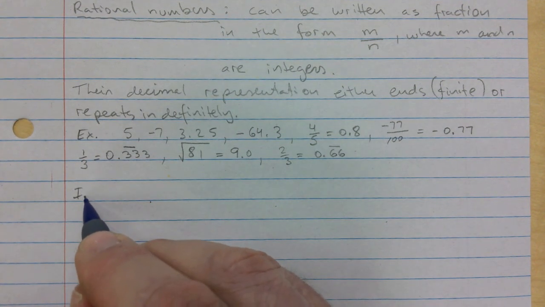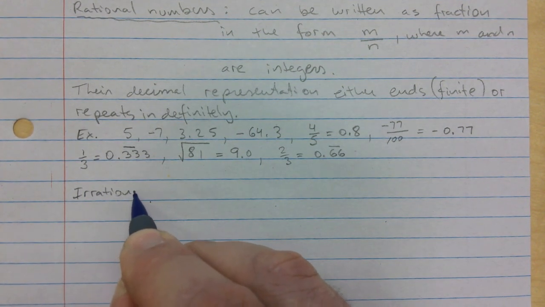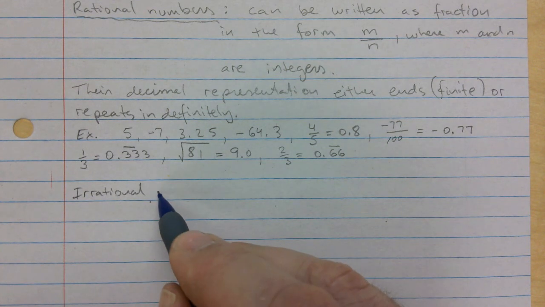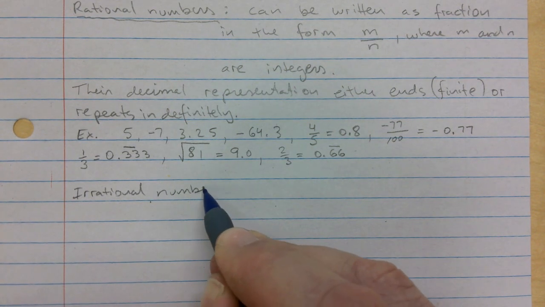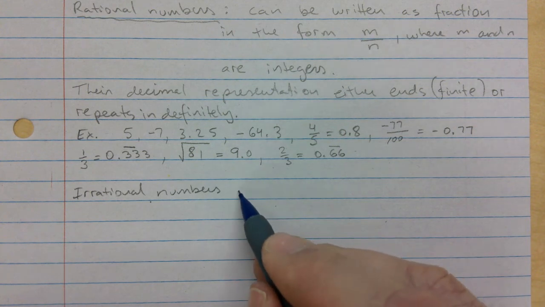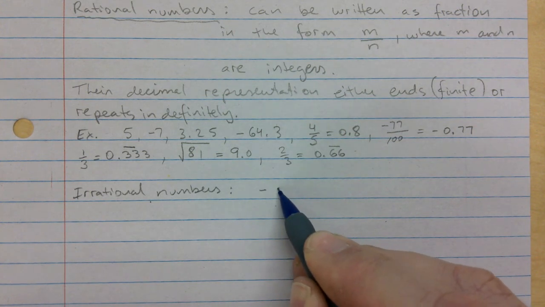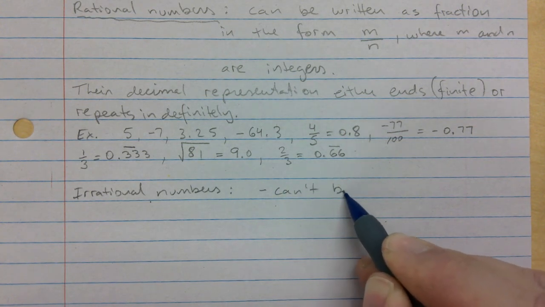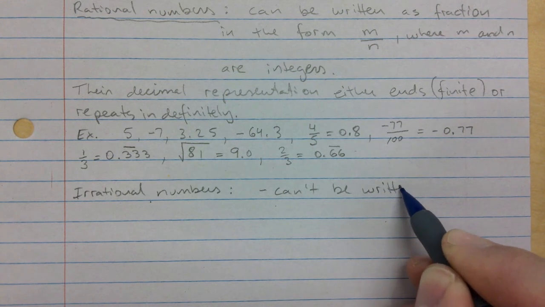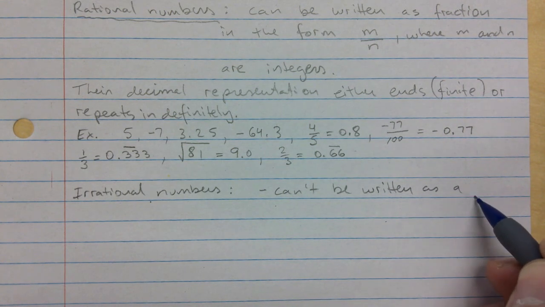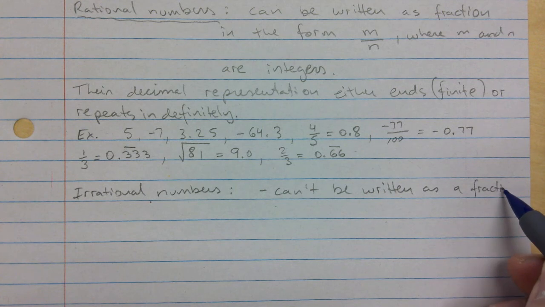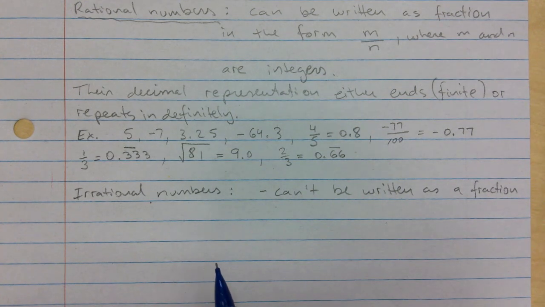So irrational numbers. How will you identify them? They cannot be written as a fraction.